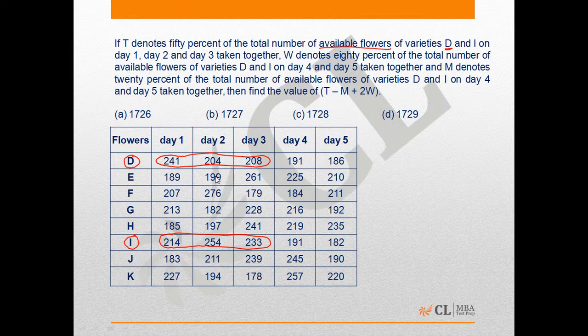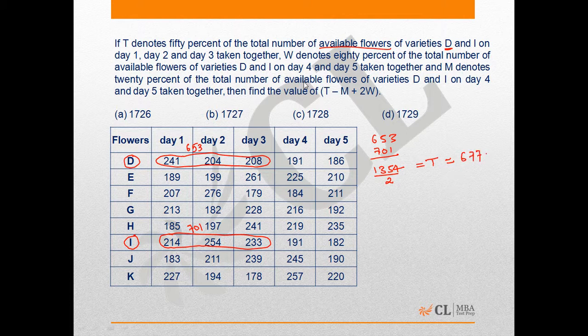If I add these 3 numbers, this comes out to be 653. And if I add these numbers, these come out to be 701, right? So the sum of 653 and 701 in total becomes 1354. T is half of this. So the value of T is 677.